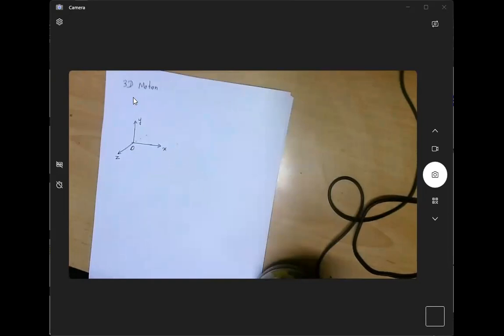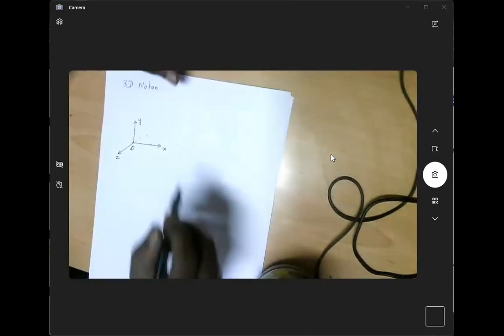X in this side, y in this, and z coming out of the paper, or should it go into the paper? You have to apply the right hand rule, right? So remember that the coordinates should follow the right hand rule if you are going to use vector operations, right? Otherwise, it will not work.